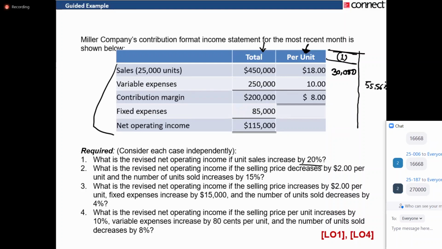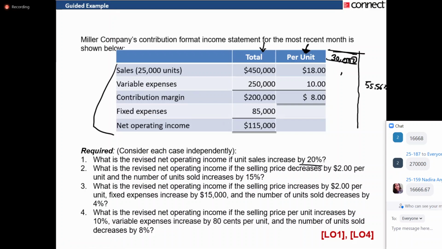How much is it? Okay, there's a mistake. 30,000 is units. We need to express the number in terms of dollar sales. 30,000 is the unit sales.